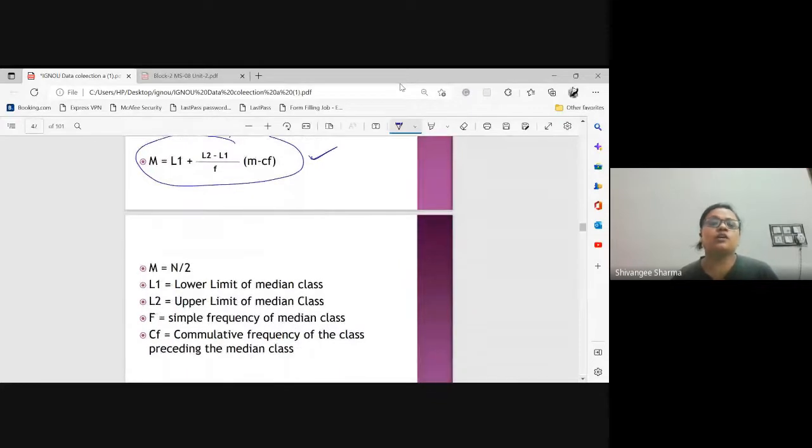If you want to write notations also, you can. M is the median, L1 is the lower limit of median class, L2 is the upper limit of median class, and F is simple frequency, CF is cumulative frequency, and N is n by 2, which is already written. Okay, so these are the notations.